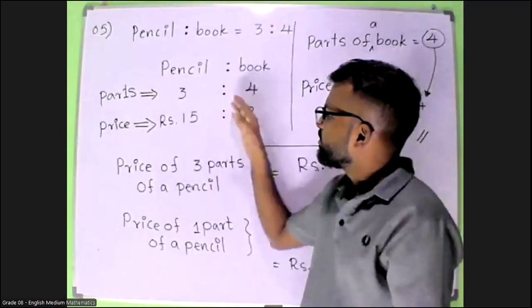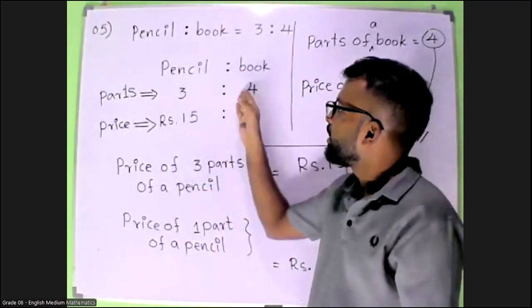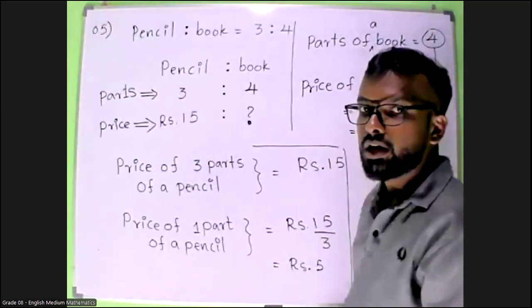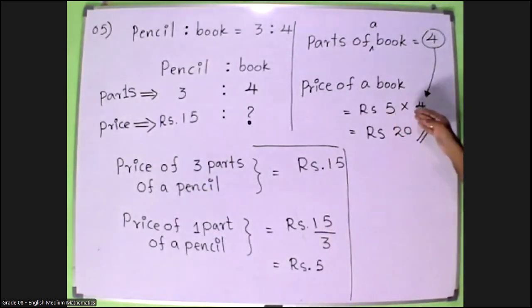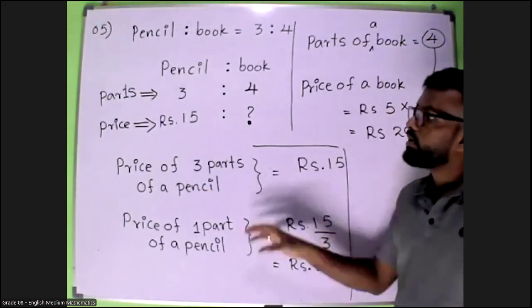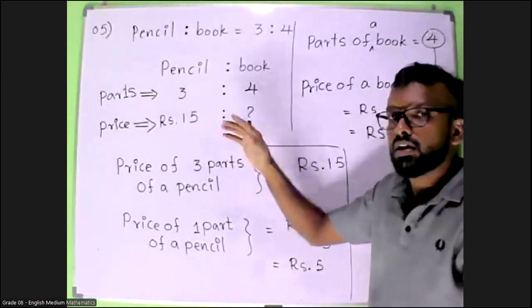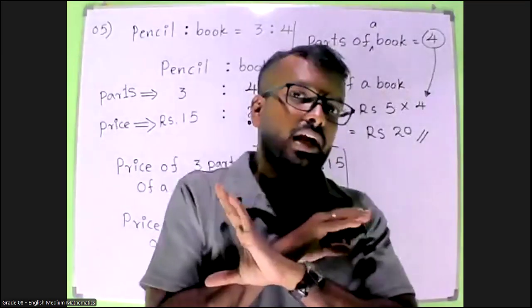If you write this, the pattern will be 15 divided by 3 multiplied by 4. 15 divided by 3, the answer multiplied by 4. If you draw this one, the question is totally 90% done.